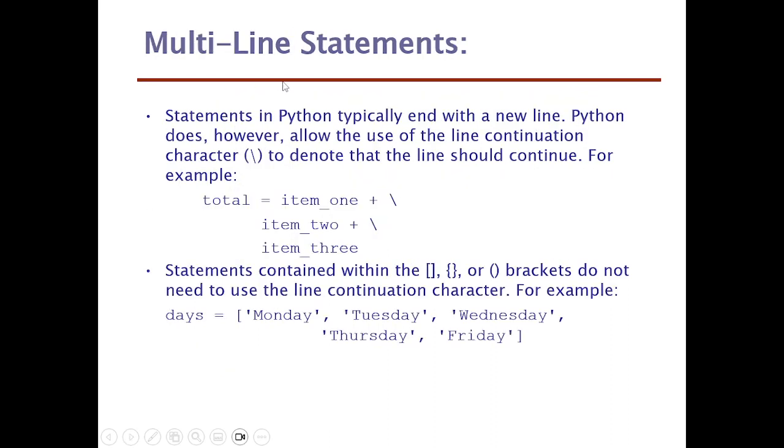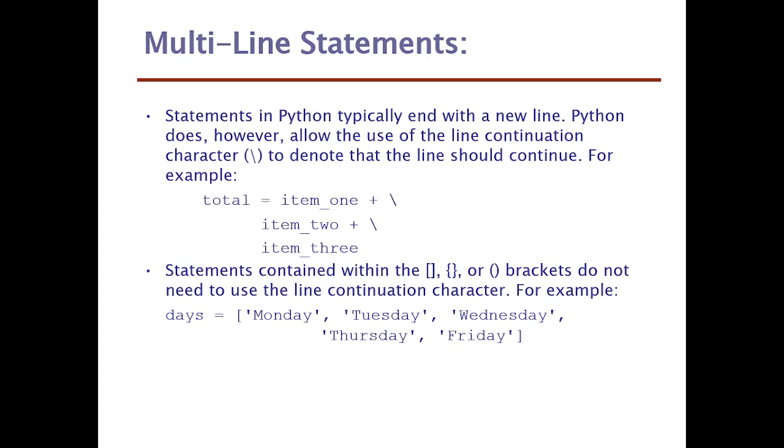So, multi-line statements. Statements in Python typically end with a new line. Python does, however, allow the use of the line continuation character, backslash, to denote that the line should continue. For example, total.